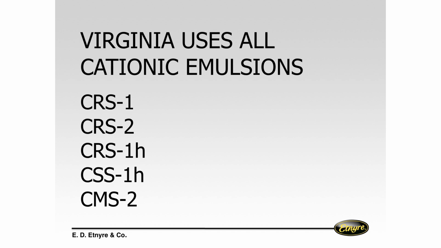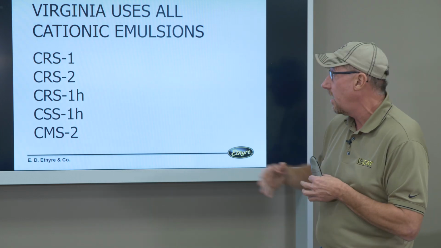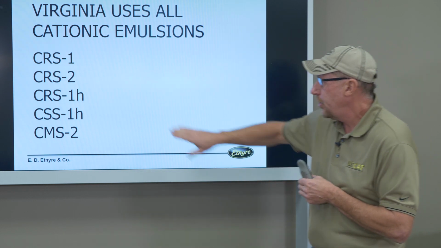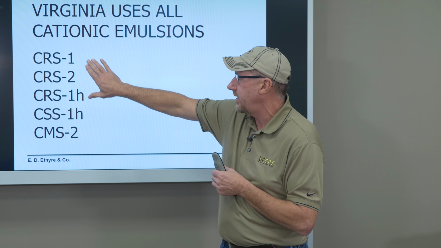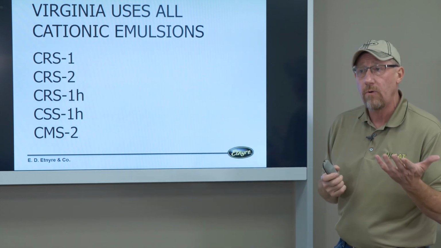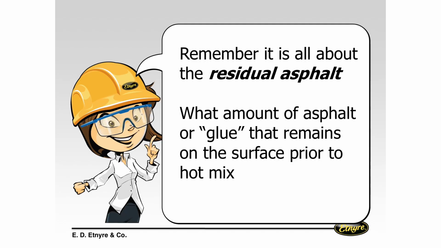All of that stuff really doesn't matter. Somebody is going to tell you on a job what is spec for that tack. And since we're dealing in Virginia with all cationic emulsions, you can mix these together with residuals in your tank and you'll be fine. You just don't want to take a half a load of that material and dump another product in on top of it.